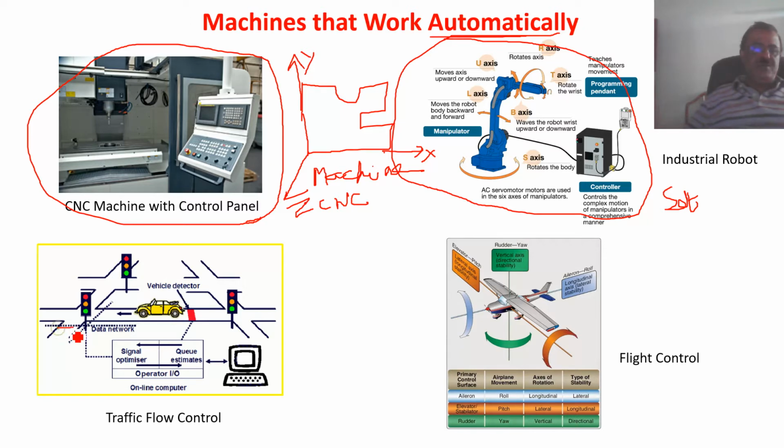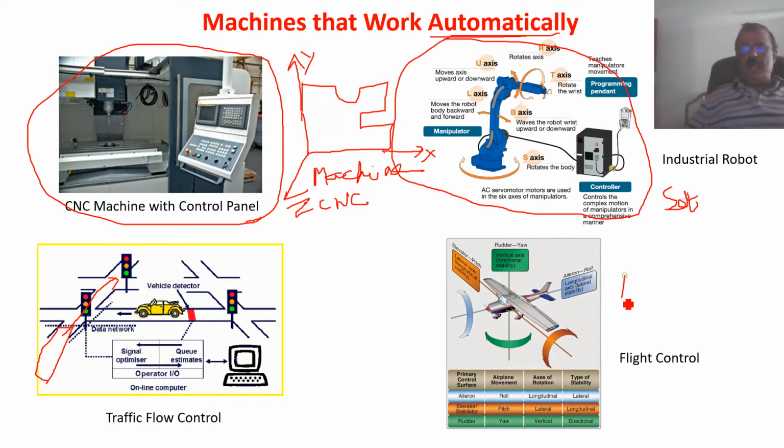Now, if you have a large traffic over here, and this traffic has to move from this side to that side, then once the green lamp starts glowing, the traffic will start moving. How long this green lamp should glow depends upon the volume of traffic. If the traffic is less, the glow timing should be reduced. If the traffic is more, the glow timing should be increased. So that way, it also operates in an automatic fashion. So you can call it an automatic control system.